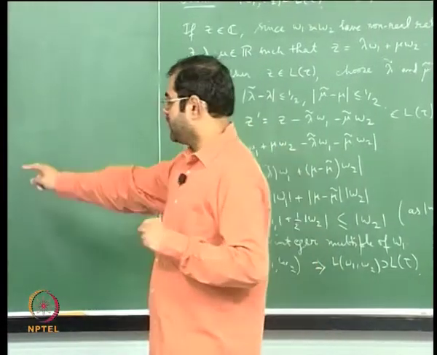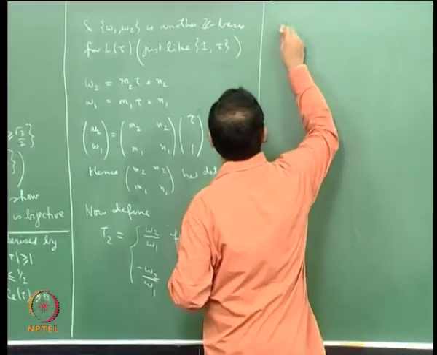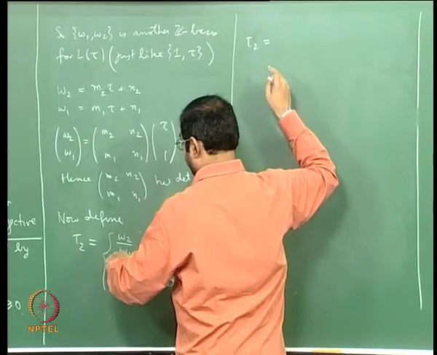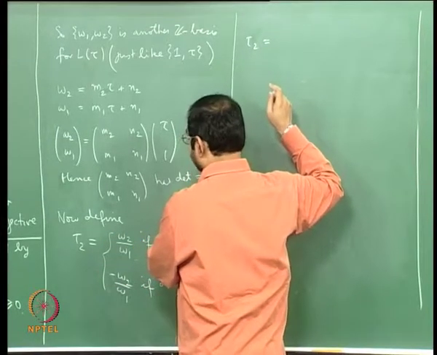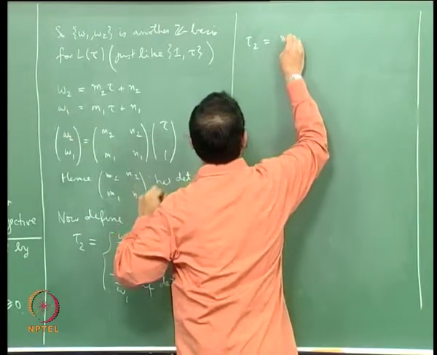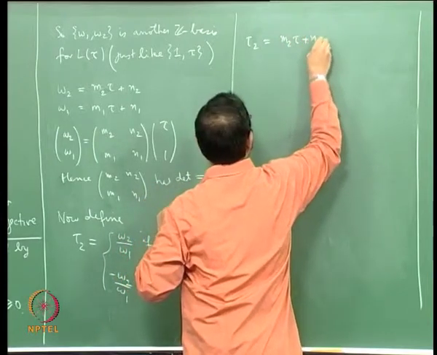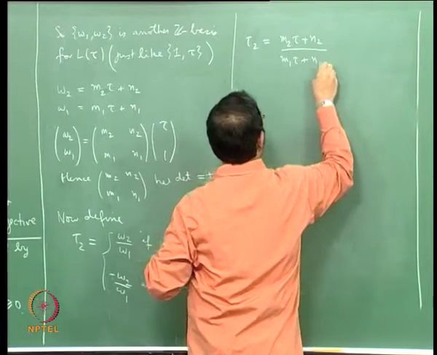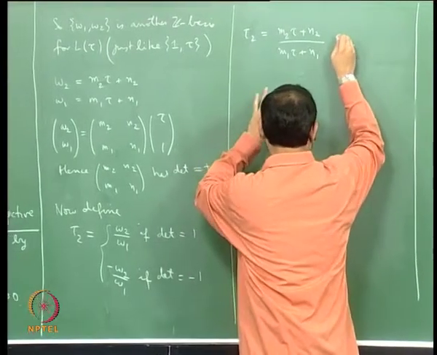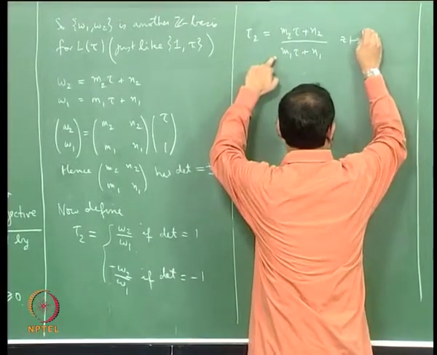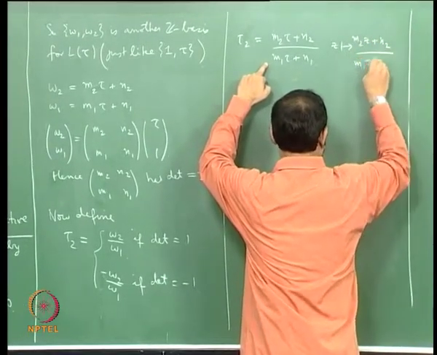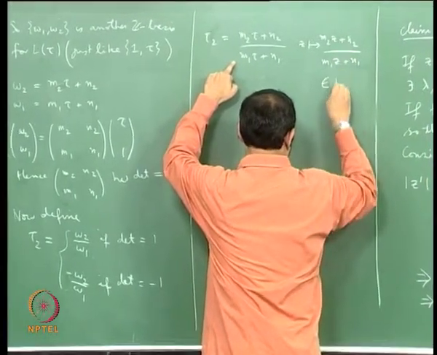Okay, so you see tau 2, in this case, if the determinant is 1, it is (m2 tau plus n2) by (m1 tau plus n1), with the Mobius transformation z going to (m2 z plus n2) by (m1 z plus n1), thought of as an element of PSL2Z.